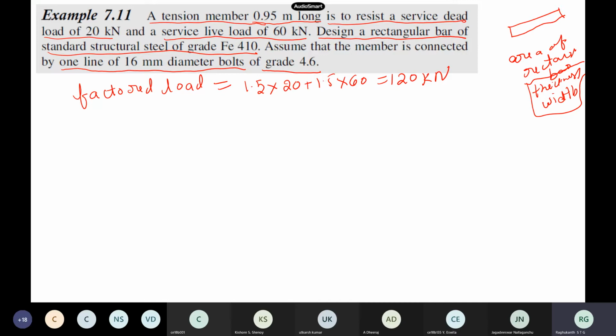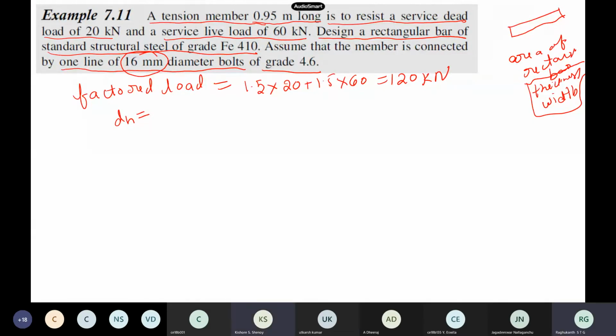Now the most important thing here is the diameter of the bolt. The bolt he has given is 16 mm diameter. So what should be the diameter of the hole? If it is standard and nothing has been mentioned, what do you have to do?